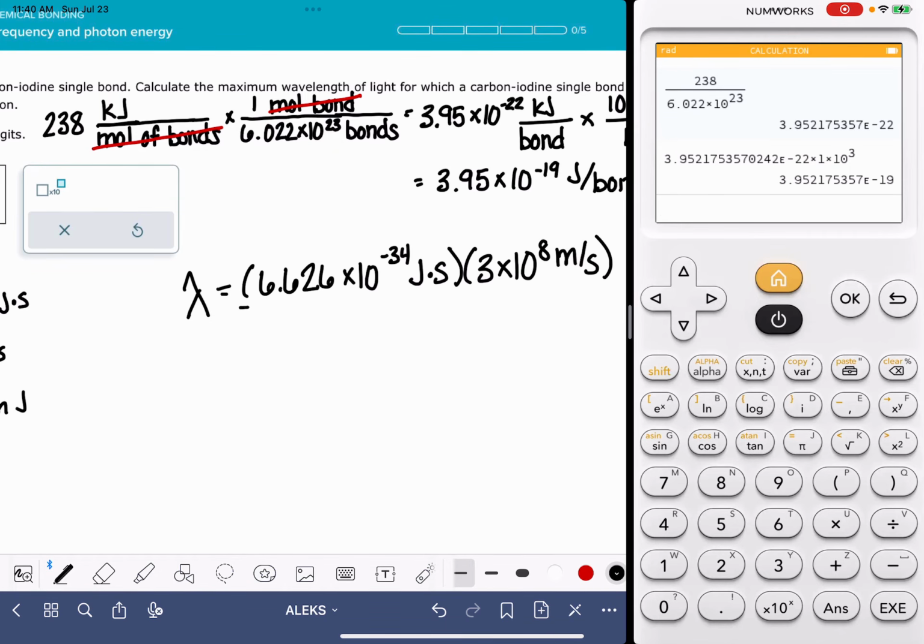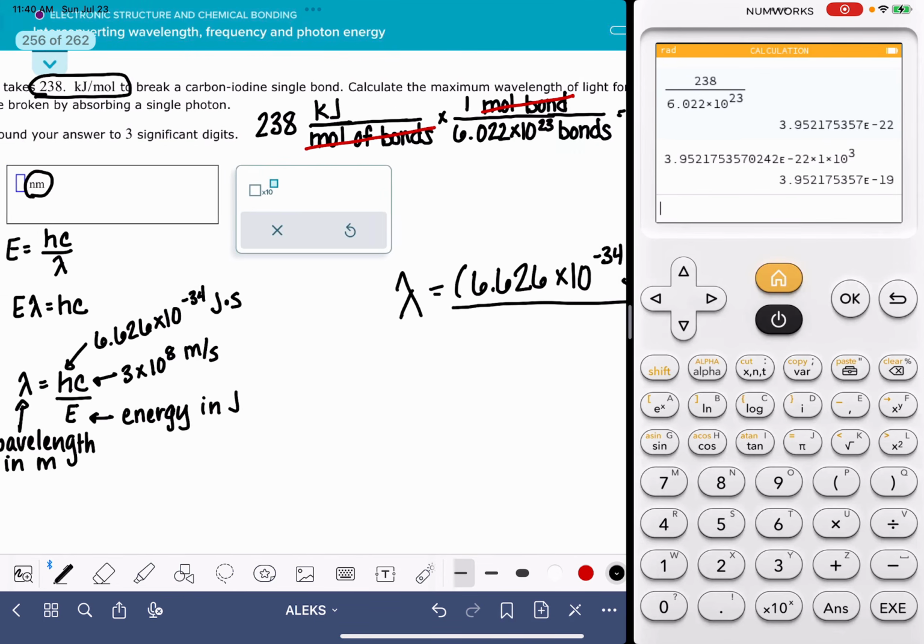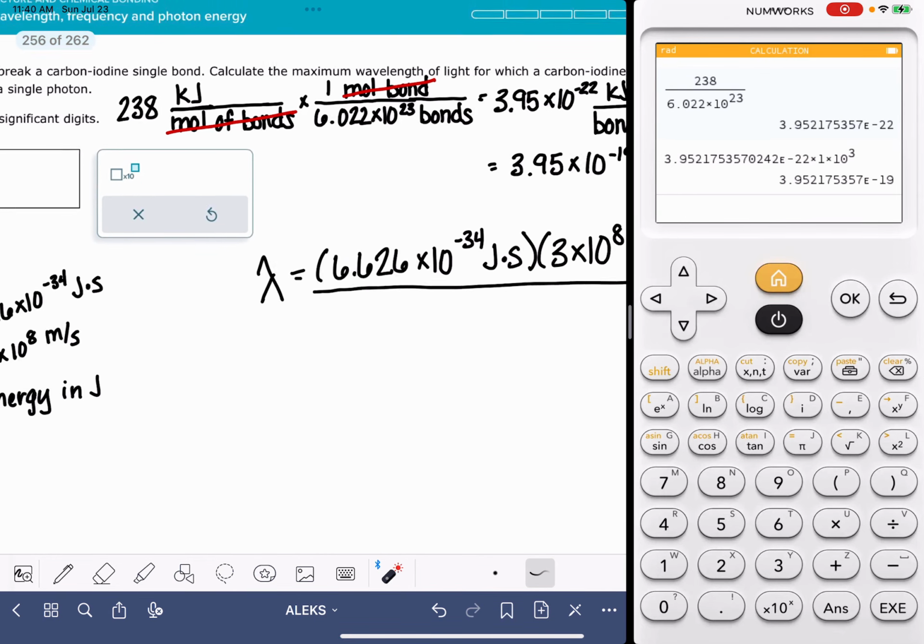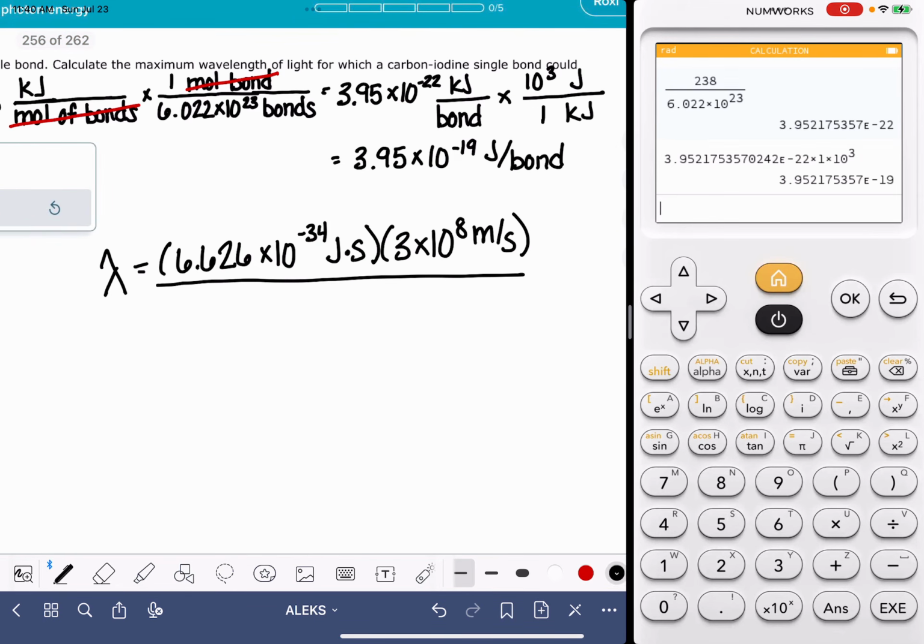And then we're going to divide by the energy in joules, which we calculated as 3.95 times 10 to the negative 19 joules per bond. Let's take a look at how our units are going to cancel. The joule units will cancel, the second units will cancel, and we're just going to end up with the unit of meter or meter per bond for this wavelength.